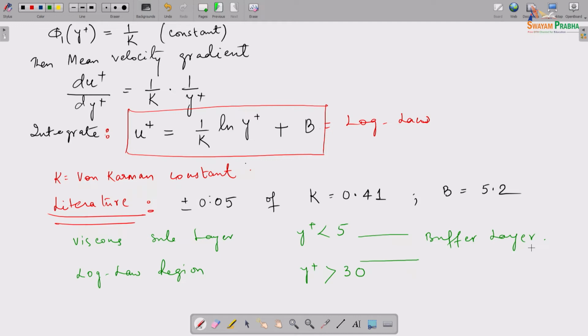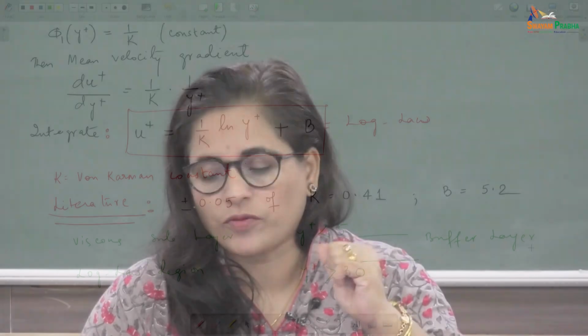I think I've been repeating myself quite a lot. The viscous sublayer is much closer to the wall, and the log law region is a little farther away from it. The viscous sublayer is viscosity dominated, and in the log law region the viscous effects are negligible, so it is more turbulence dominated. This transition between viscous dominated and turbulence dominated is not a sharp change. It happens over a region, which is the buffer layer that I'm writing out here.